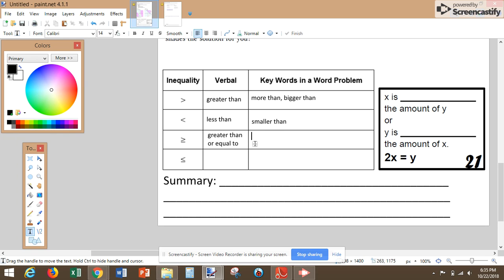This one, the keywords could be at least. And then for this last one, this is less than or equal to. You could say at most.